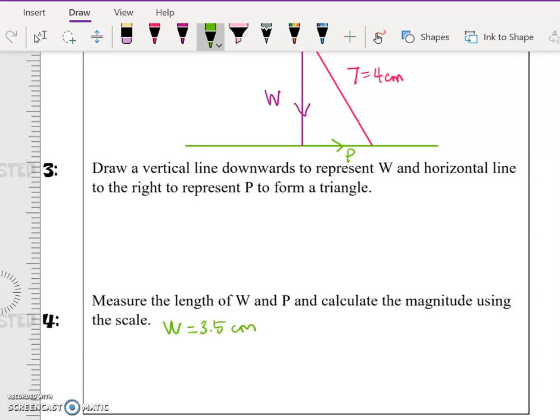And don't forget to convert back using the scale that you have used just now. So 3.5 times 2, you will get 7 Newton. For P, when you measure using ruler, you will get 2 centimeter. 2 centimeter times 2, you will get 4 Newton. So that is your magnitude.